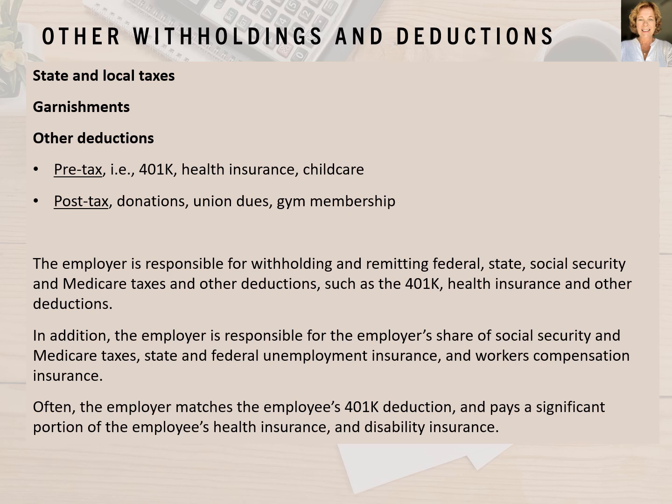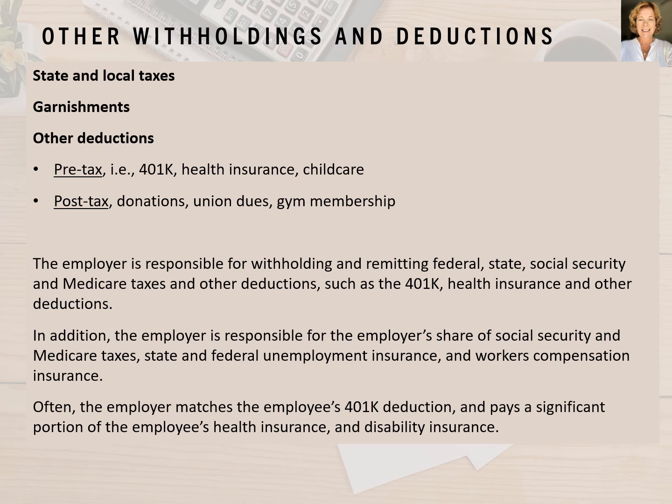In addition to taxes, other deductions are withheld from an employee's wages. Some are mandatory, such as garnishments, whereas others are voluntary, such as 401k, health insurance, and other pre-tax deductions. There are also post-tax deductions, which means there isn't a special tax advantage to that deduction, such as donations, union dues, and gym membership.